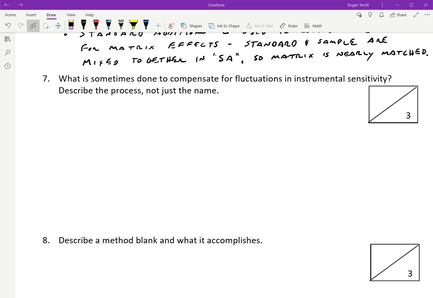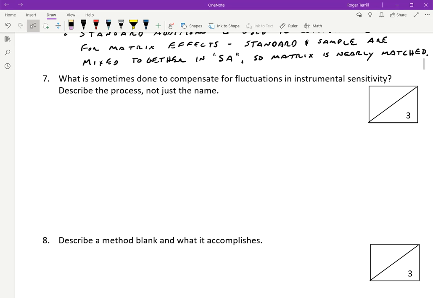So when one is working with an unknown, one can put in an internal standard. And so that, in fact, is the name of what we're talking about.